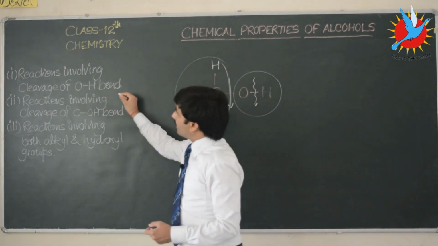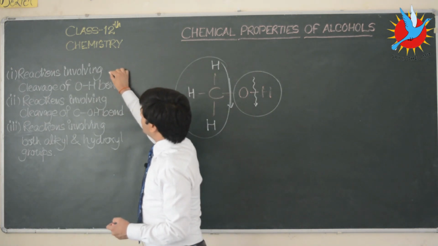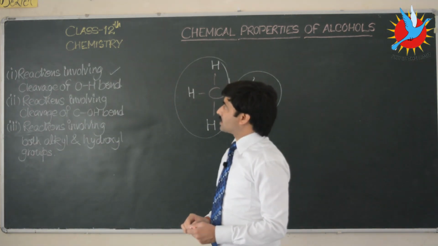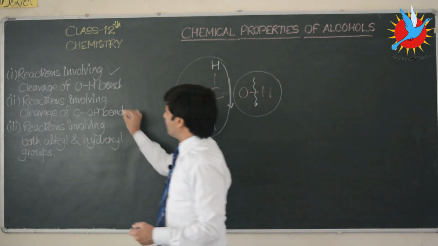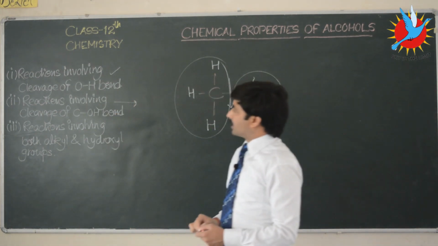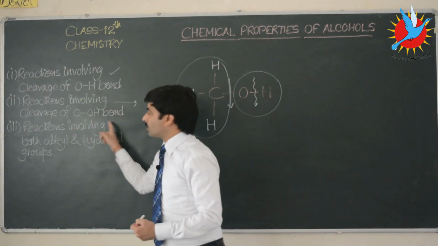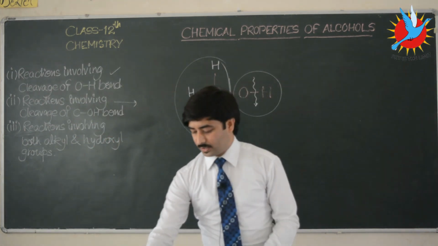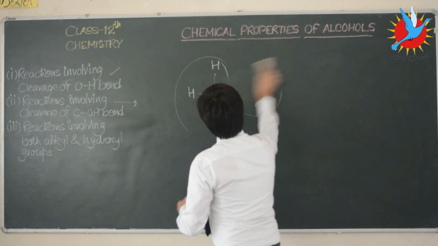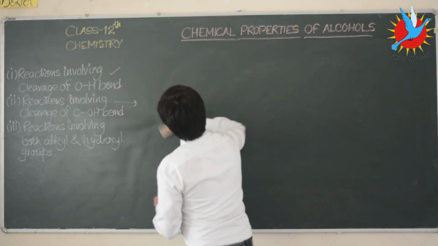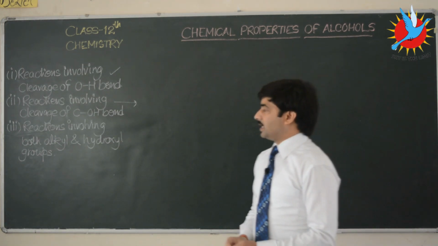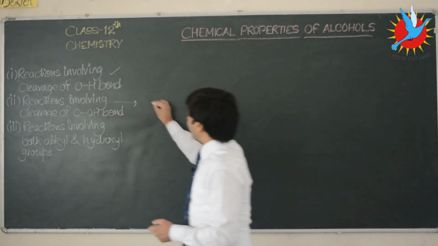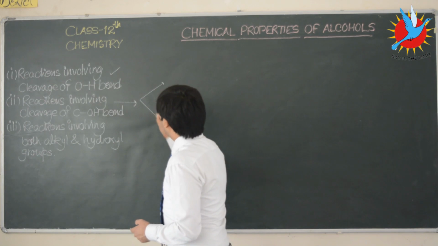So in our last video we have discussed the reactions involving cleavage of OH bond. Today we will discuss the reactions involving cleavage of C-OH bond. If we are talking about reactions involving cleavage of C-OH bond, then we have three important reactions.